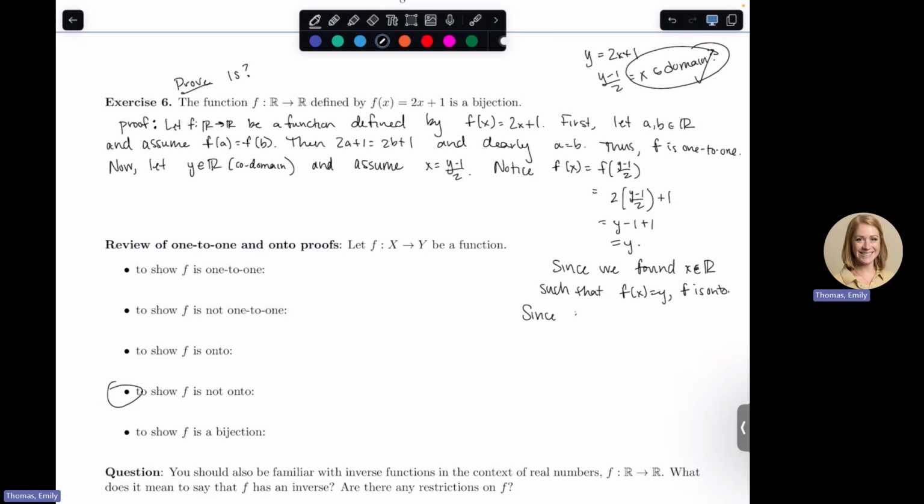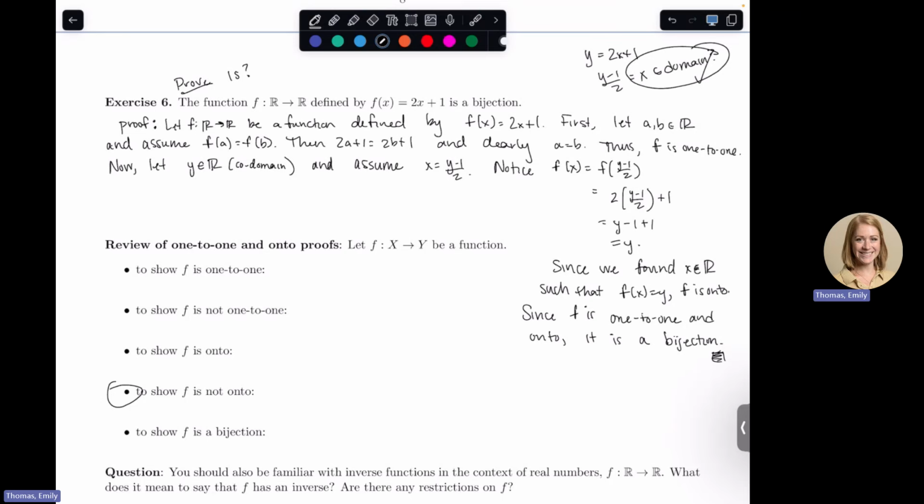Since f is 1-to-1 and onto, it is a bijection. Questions about exercise number 6? We're feeling okay?